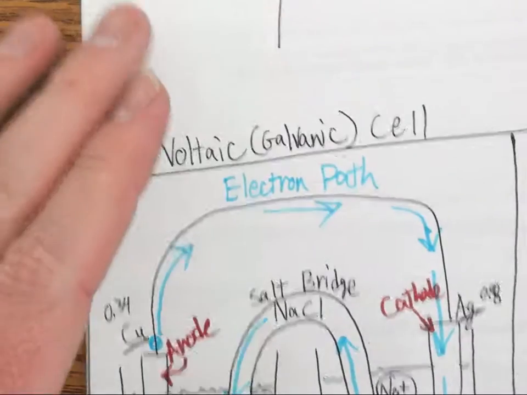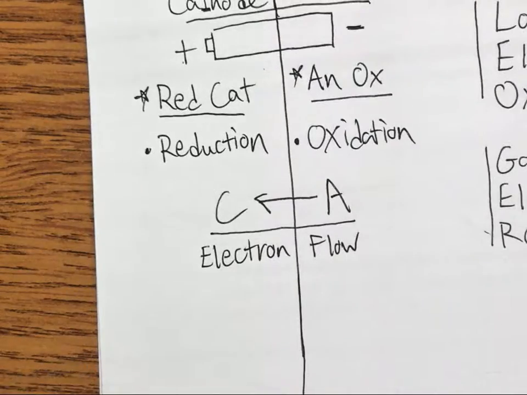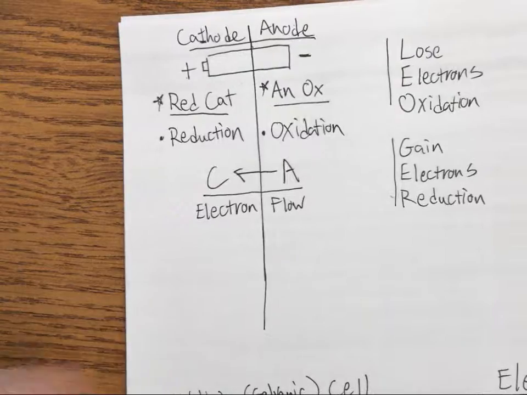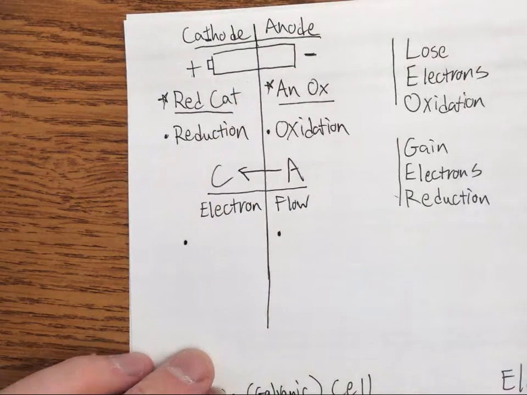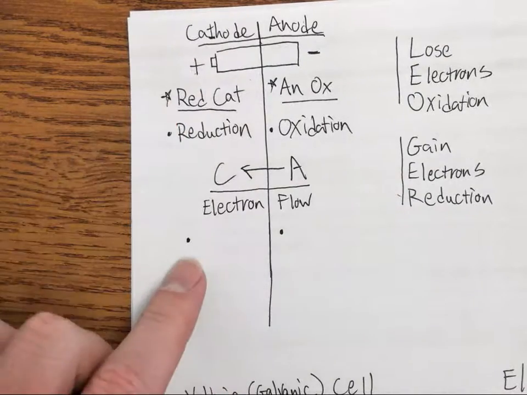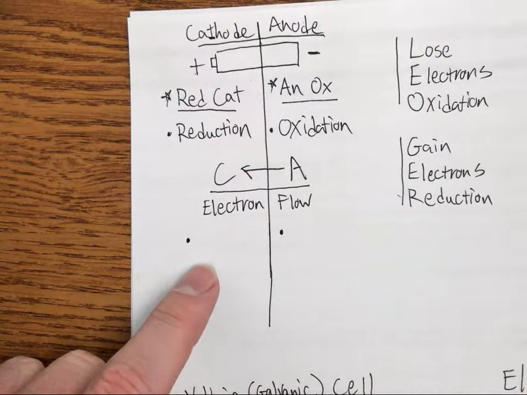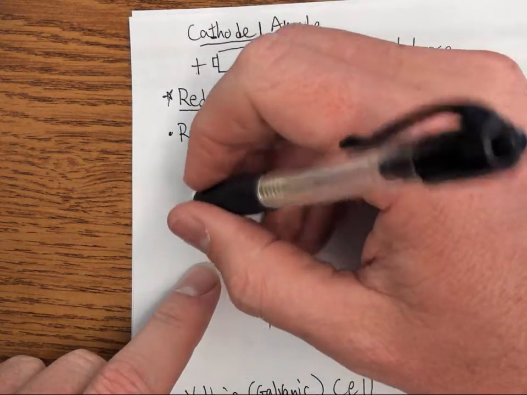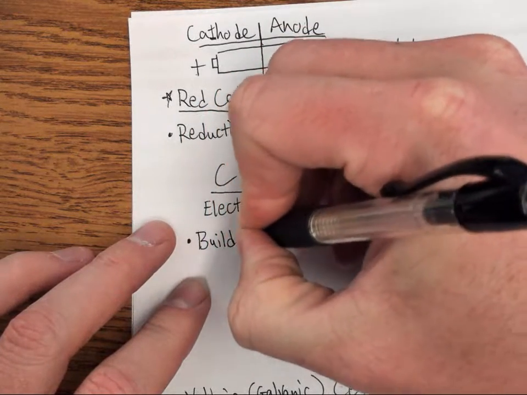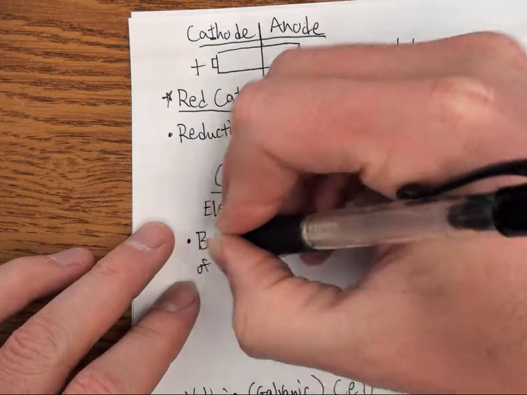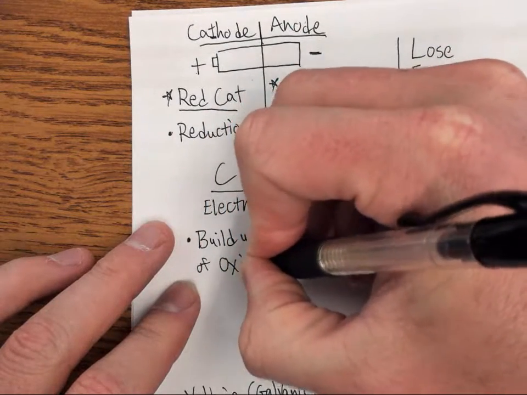Alright, so go back up to our cathode and anode, a little T-chart there. Put a little bullet point on each side. The buildup of oxides is going to happen at our cathode. Buildup of oxides.